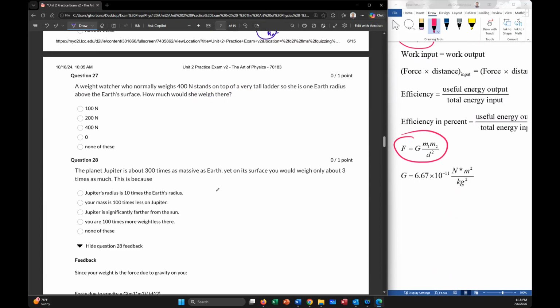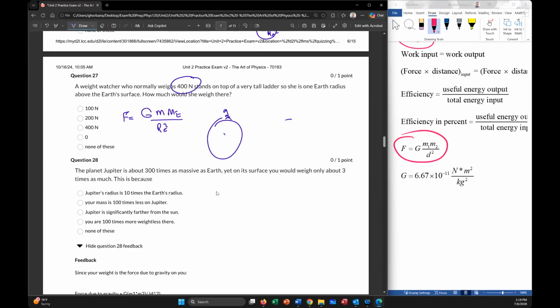A weight watcher who normally weighs 400 Newton stands on the top of a very tall ladder. So she is 1 Earth radius above the Earth. Okay, see? I said the force of gravity was G, mass of you, mass of Earth, divided by the radius of Earth squared. But right now, you are not exactly on the Earth.